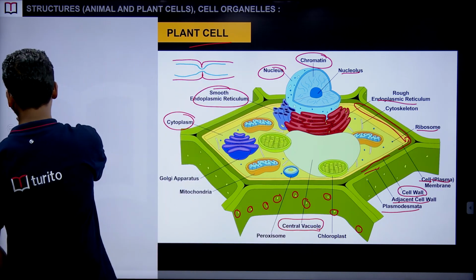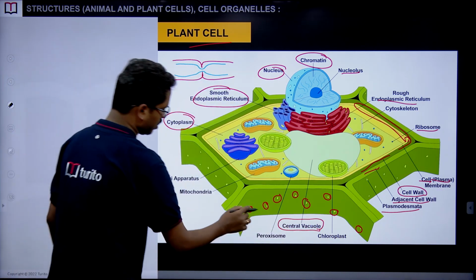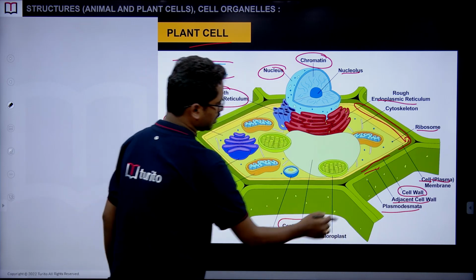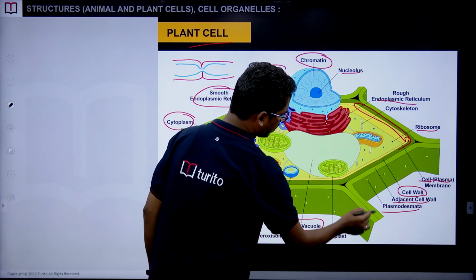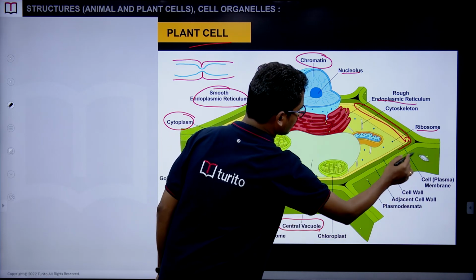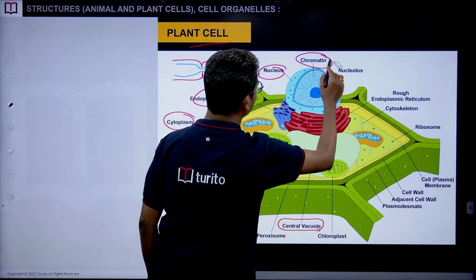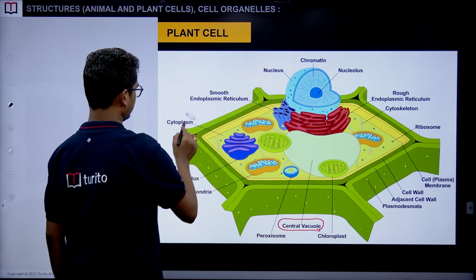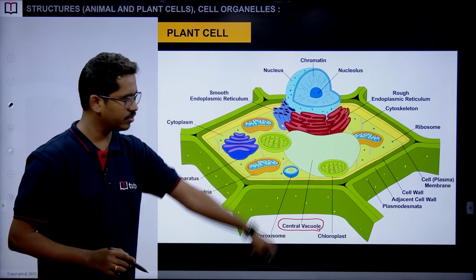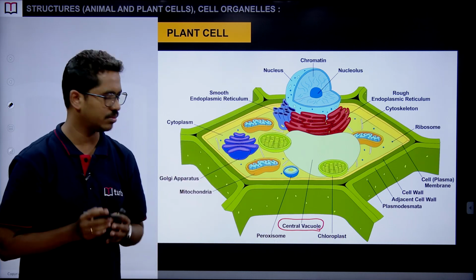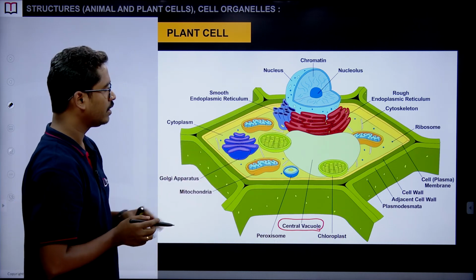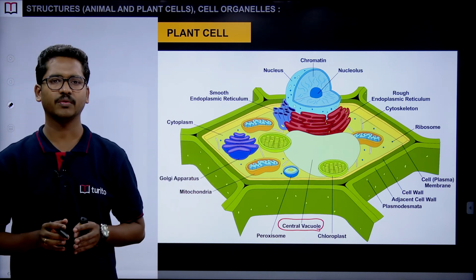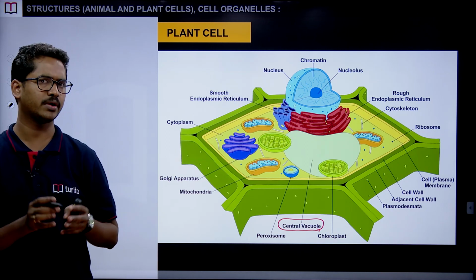The vacuole you are seeing here is quite large in size, okay, and I am just erasing these things because they might confuse you. So, that is the reason why I am removing them. Okay. So, central vacuole, that is the contrasting component which is present here. This is what you have not seen in the case of an animal cell. You did not find vacuole there.